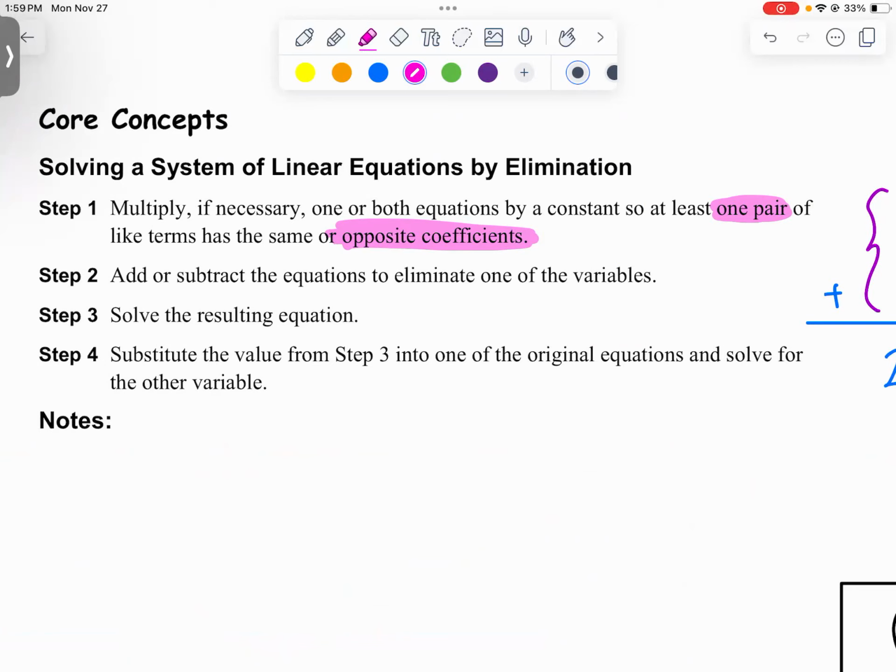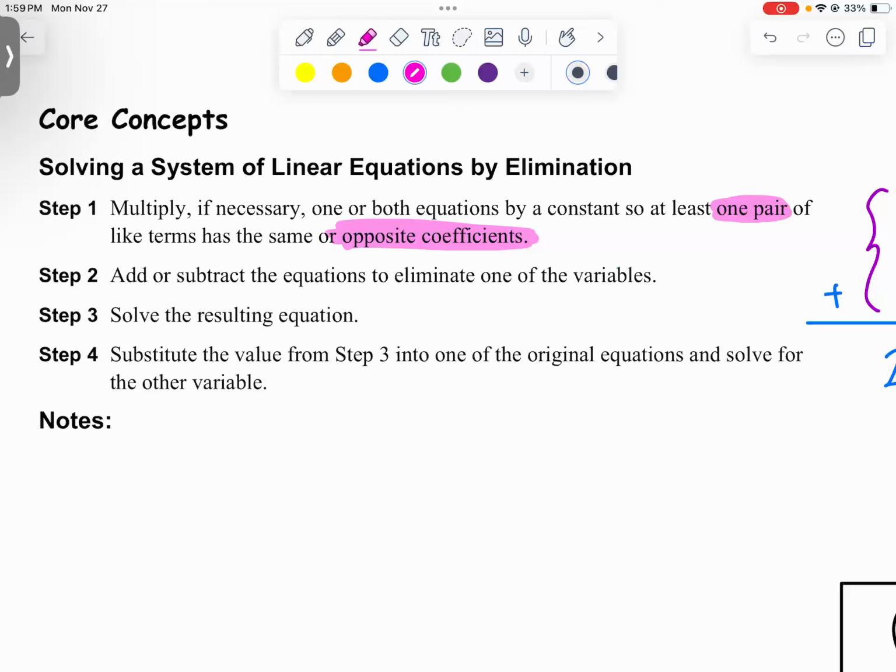That way, when we add the two equations together, they will cancel. Now, this one was really nice because it already was opposite.